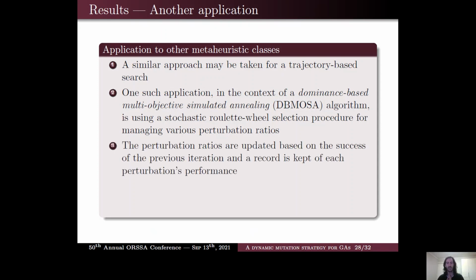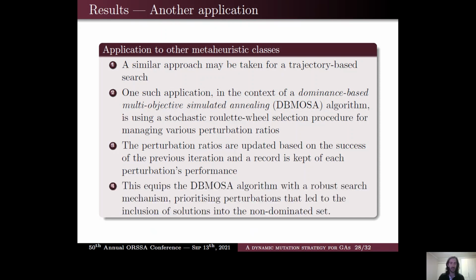The perturbation ratios are updated based on the success of previous iterations, and a record is kept of each perturbation's performance. This equips the DBMOSA algorithm with a robust search mechanism, prioritizing perturbations that led to the inclusion of solutions into the non-dominated set.